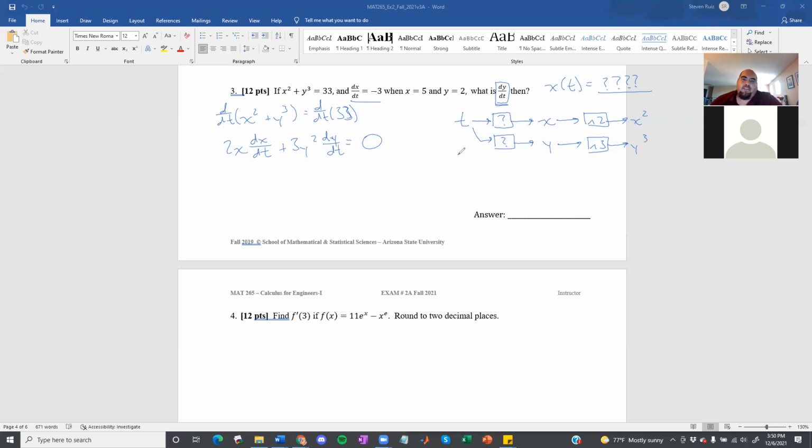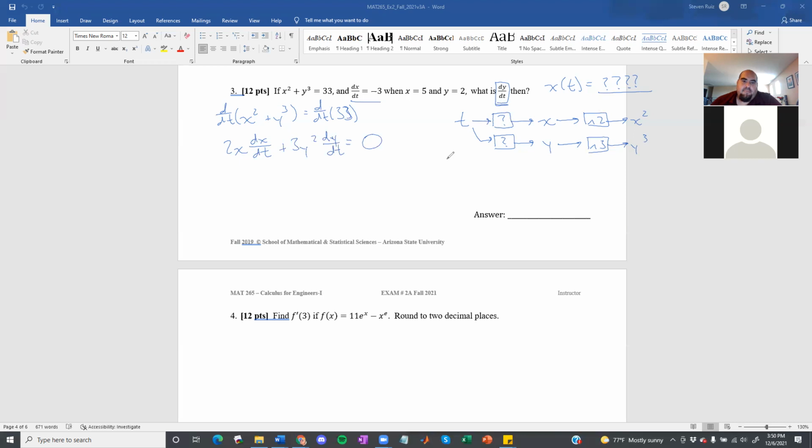From here, you basically know everything except the thing you want to solve for. Let's just say dx over dt equals -3.